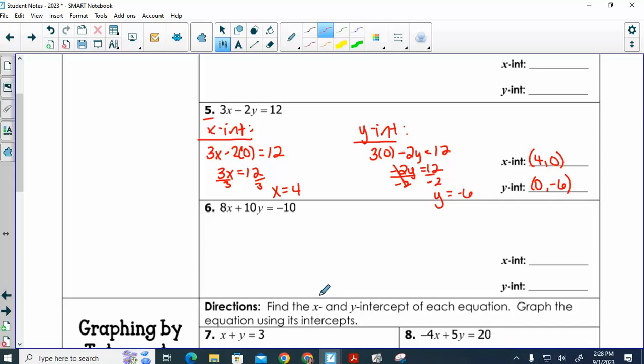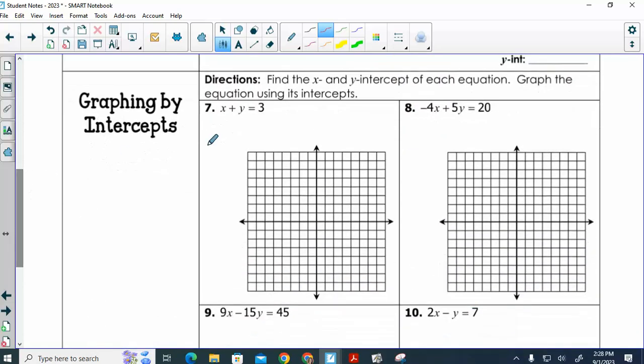I want to do a couple of the graphing problems and then I'm going to be done for today. So all the graphing ones are having us do is use these intercepts to graph a line. We'll go ahead and do example 7. So this is a line that you probably wouldn't be able to look at right now to graph. In order to graph, we always put it in y equals mx plus b form, which is fine. But we can also use those intercepts to graph it.